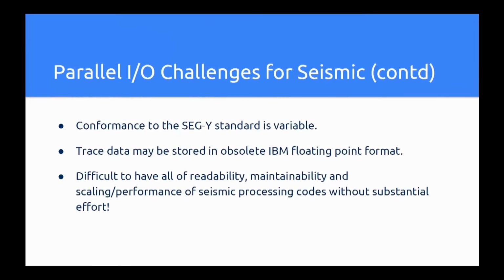Then there's conformance to the SegWi standard, which our work initially targets. The support is variable in terms of conformance. A lot of locally defined rules are used by geophysicists, so you have to look in the ASCII or EBCDIC header to see what the rules are.